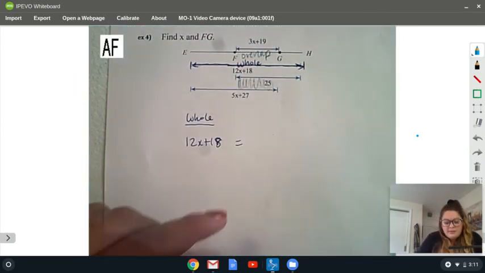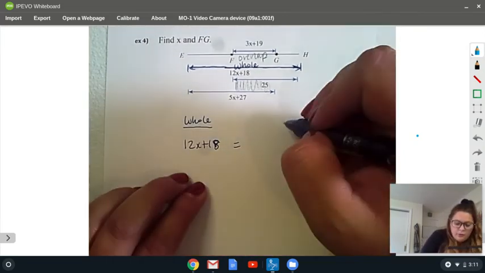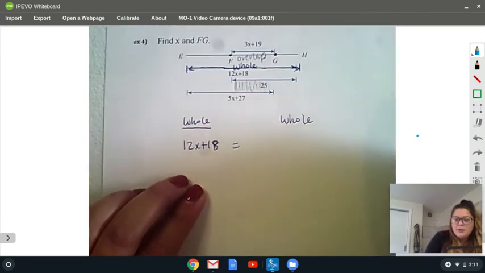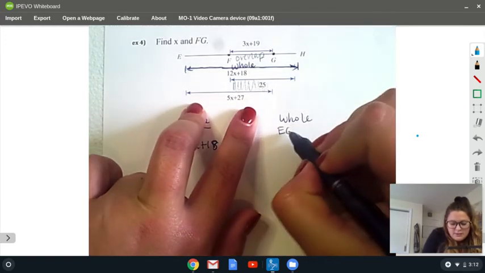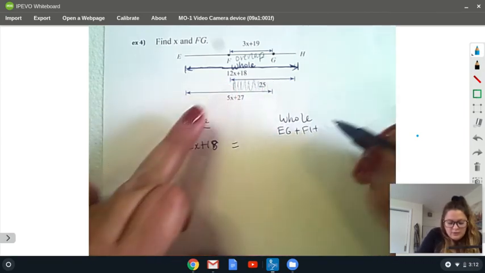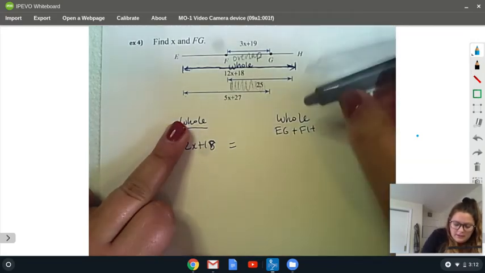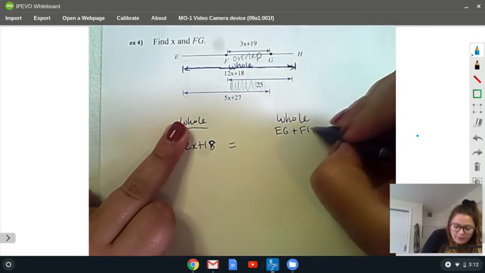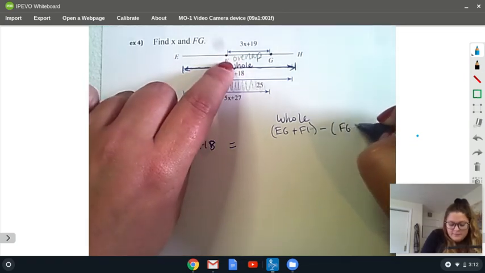So the way I can set this equal is if I want to say this side is equal to this side, I need another whole over here. But the way I'm going to write my whole is I'm going to write it as EG plus FH. So that's this piece plus this piece. And then I'm going to take away my overlap. So I'm adding those and then I'm subtracting that overlap FG.